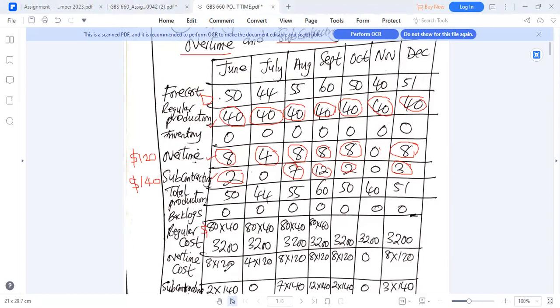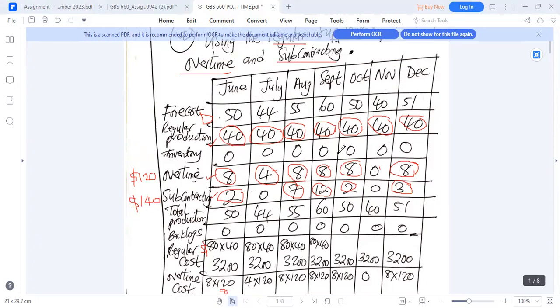Then overtime is $120. Okay, so we allowed overtime of 8 there, 4 in that week. Then we had overtime of 8 in these months, August through to October, and 8 in December there.